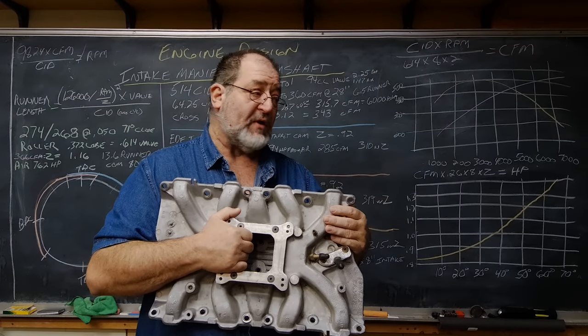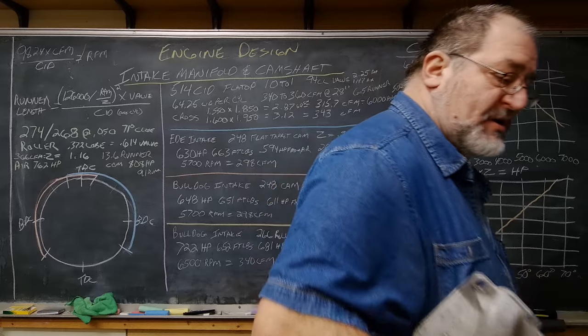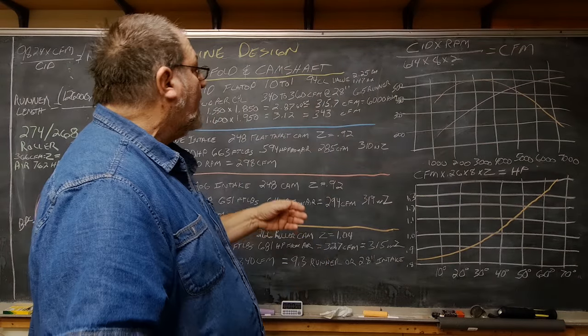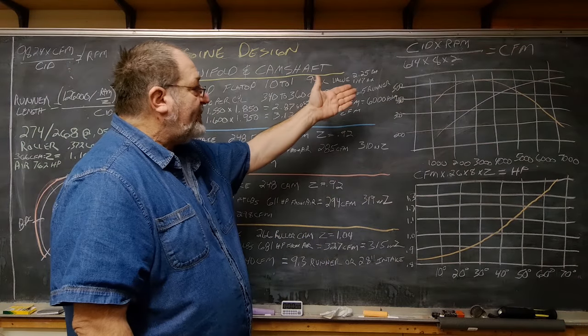We'd make good torque, but we wouldn't make a lot of horsepower because we only have 160 CFM. So that doesn't really work. So the question becomes, what do we do in order to get both airspeed and airflow? And the real answer is runner length.